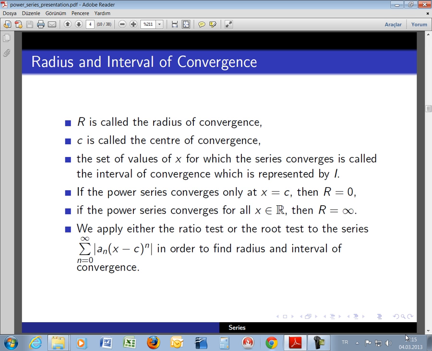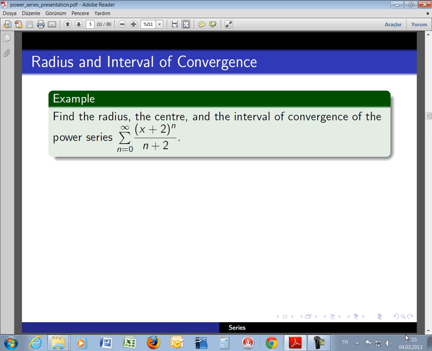Since those are the given facts related to the power series, I think we can take an example, which says: find the radius of convergence, center and interval of convergence of the power series.